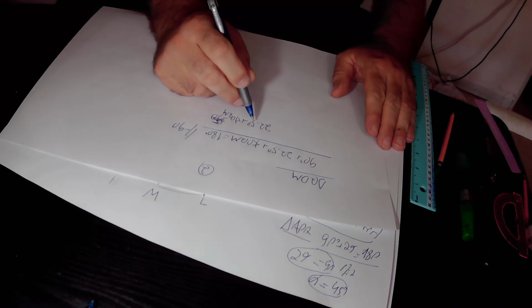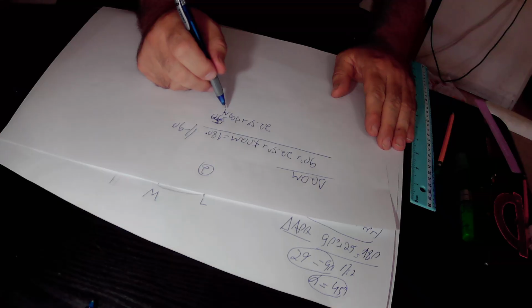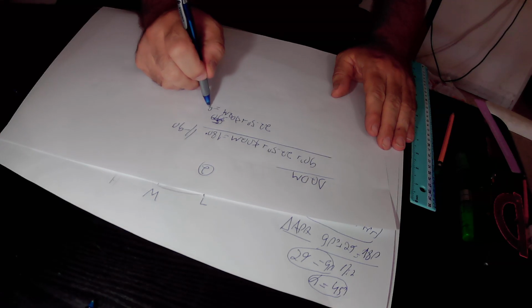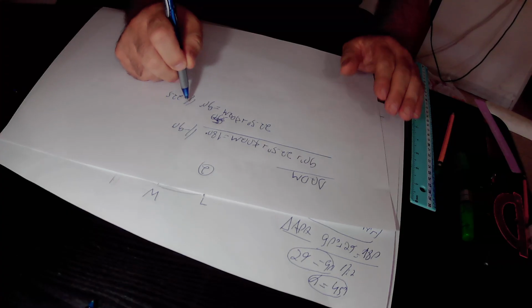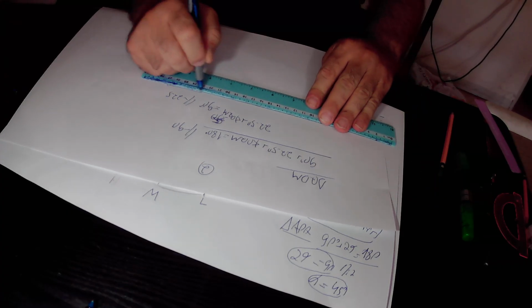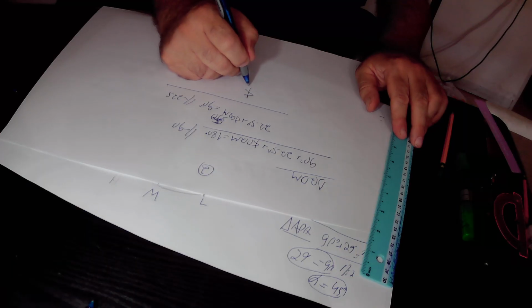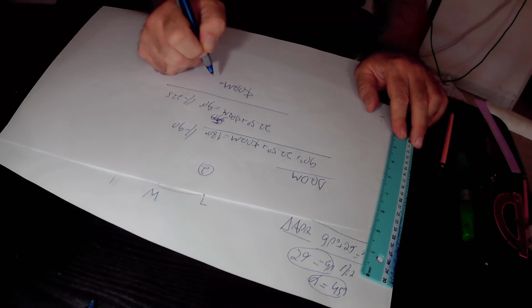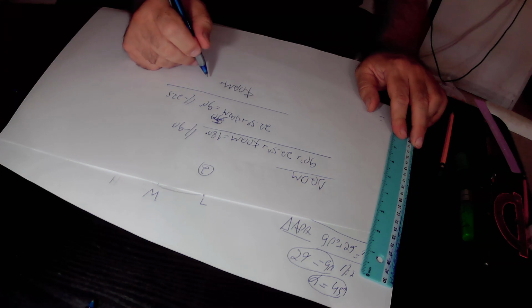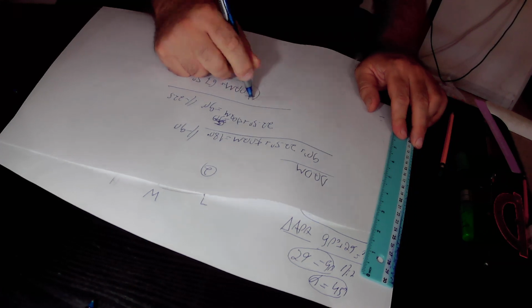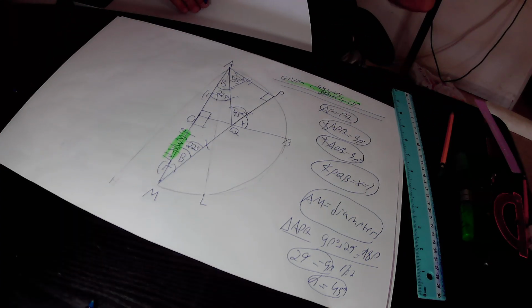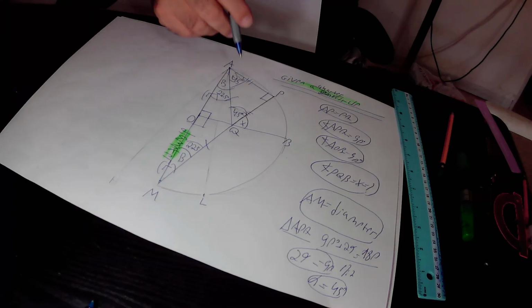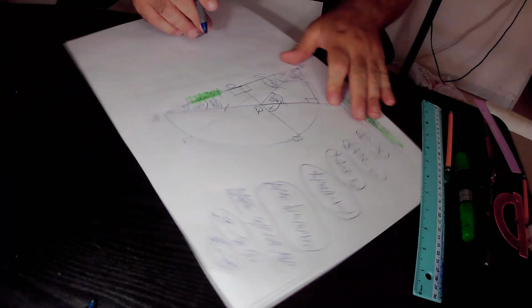Here we subtract 22.5 degrees from this equation and we get that the size of the missing angle OQM is equal to 90 degrees minus 22.5 degrees, that is 67.5 degrees in its size. So this is the missing angle OQM, that is equal to 67.5 degrees in its size.